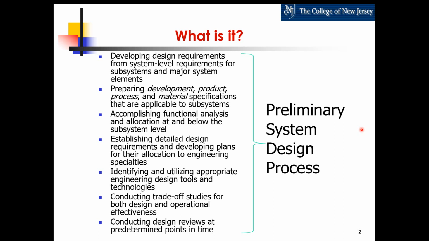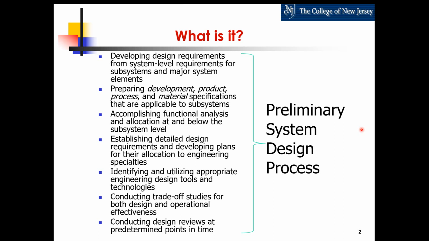Keeping in mind that even the more detailed design, the activities that we're going to discuss in chapter 5 are still at the system level. So they don't really entail the detailed design of the components and the actual coding of the software. It's just the preparation for these activities.